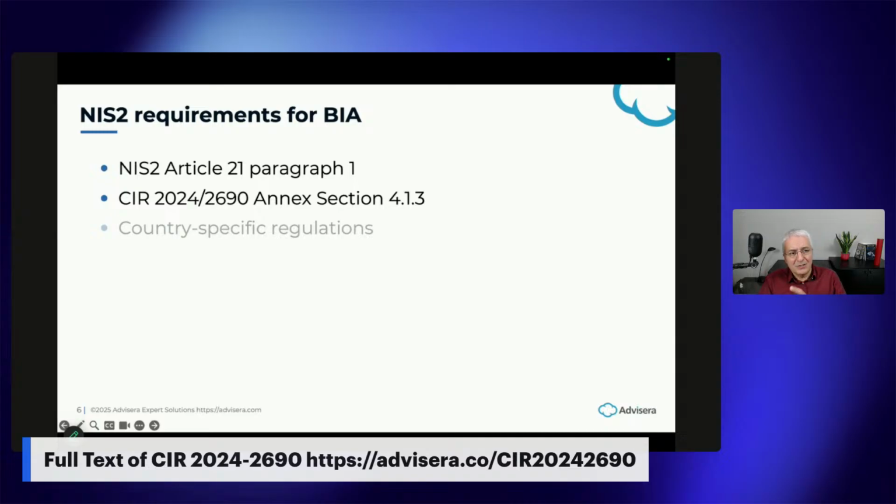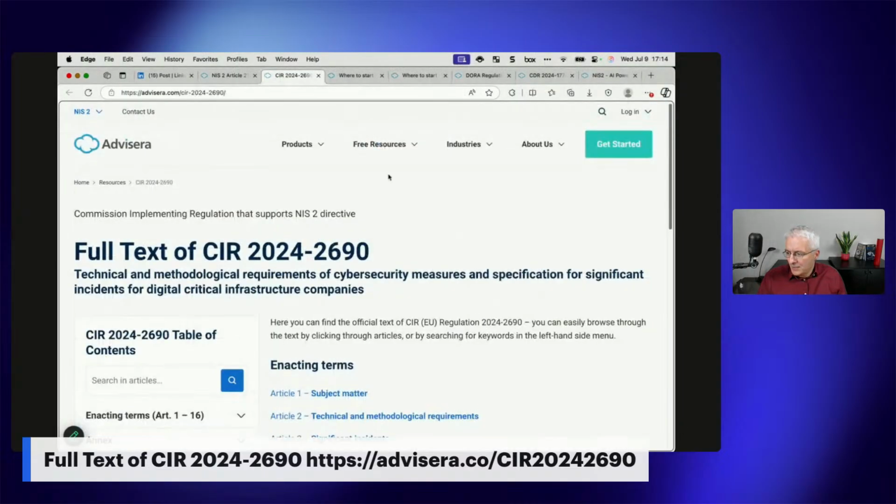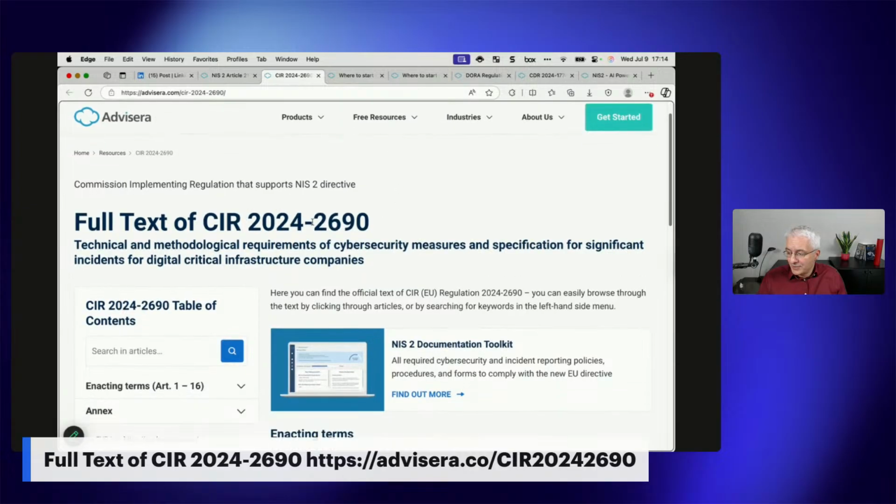Again, NIS2 applies to 18 sectors, and two or three of these sectors are related to digital companies. For those companies there are extra rules in this CIR. So let's take a look at how this CIR looks. Let me switch the screen. So here is the full text of the CIR.